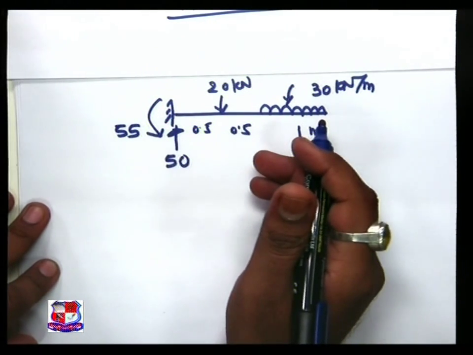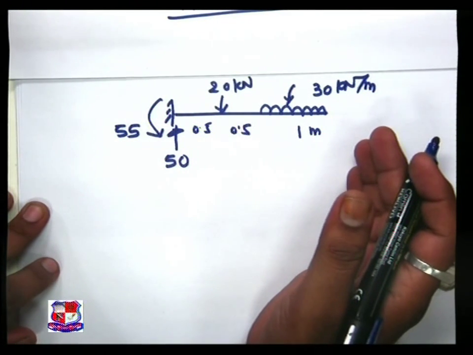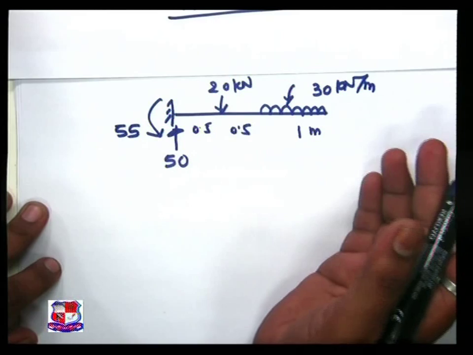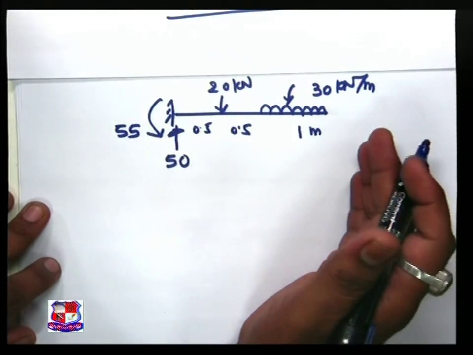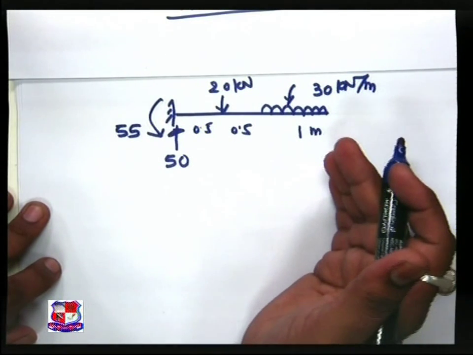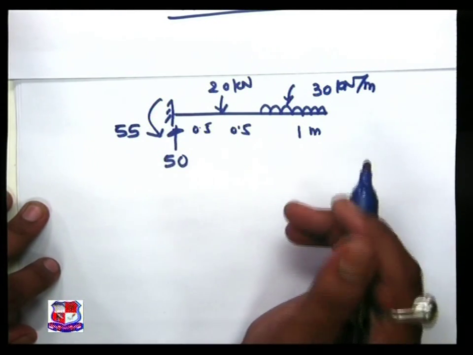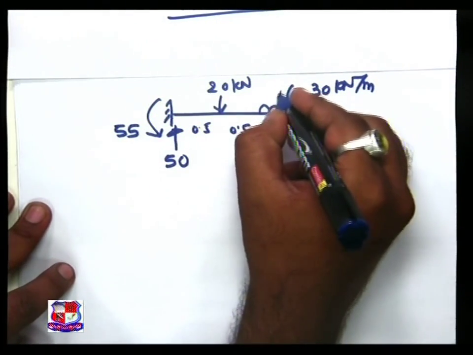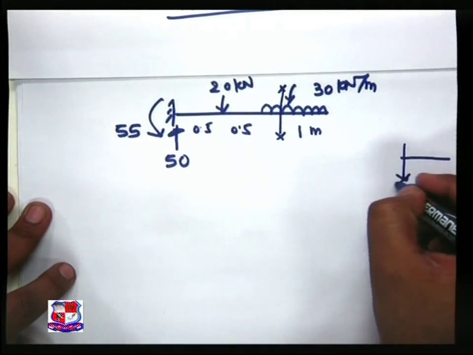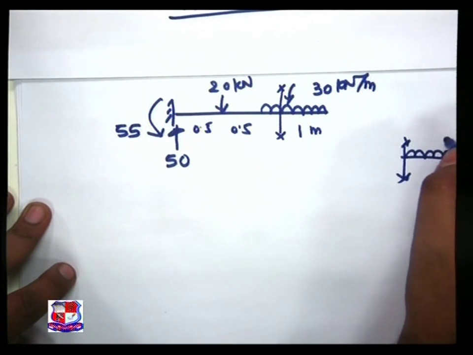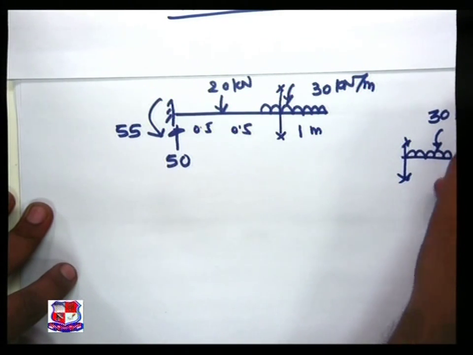As we discussed in the previous lecture, for a cantilever beam we take a section from the right side so that a lesser number of forces come into the picture, and we will be able to find the variation of shear force as well as bending moment very easily. So if we take a section XX, the diagram is like this. This is 30 kilonewton per meter. This is X.